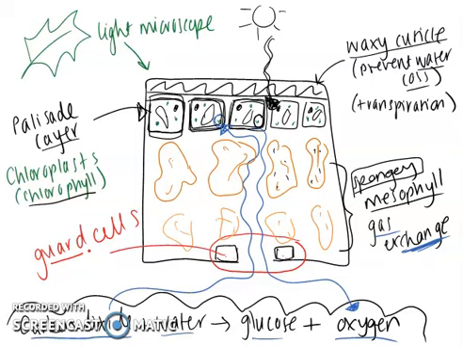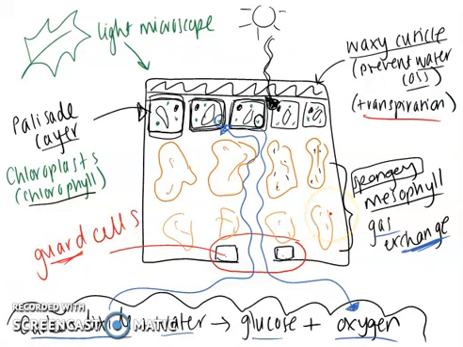Okay, and guard cells are really important because they tend to open the stomata during the day when there's lots and lots of sunlight, and they actually close the stomata at night when the sun isn't really around, and therefore photosynthesis will not actually take place. So they usually close the stomata if the air is dry or hot, and this prevents water loss from occurring, and that means transpiration.